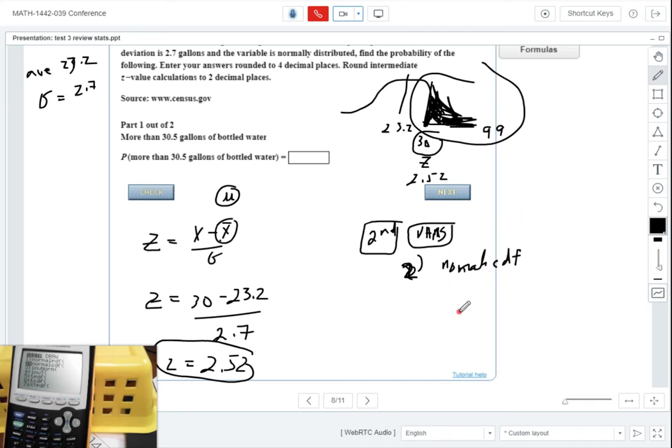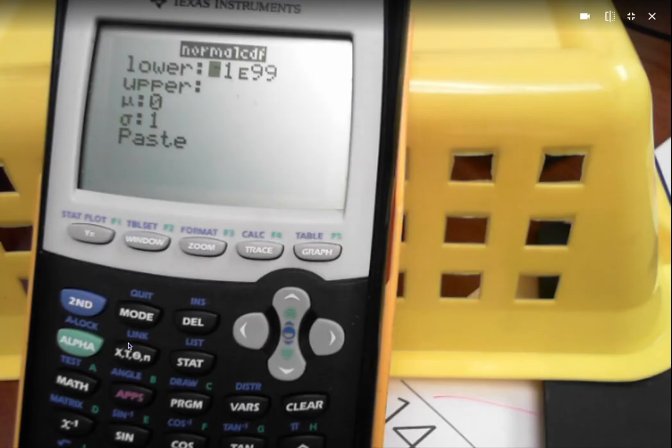If you hit enter for that, it says lower and upper bound. My lower bound is going to be a z value. You only type in the z values here. 2.52. This is the lower, and this is the upper, 99. For z value, 99 is infinity. So let's type that in.